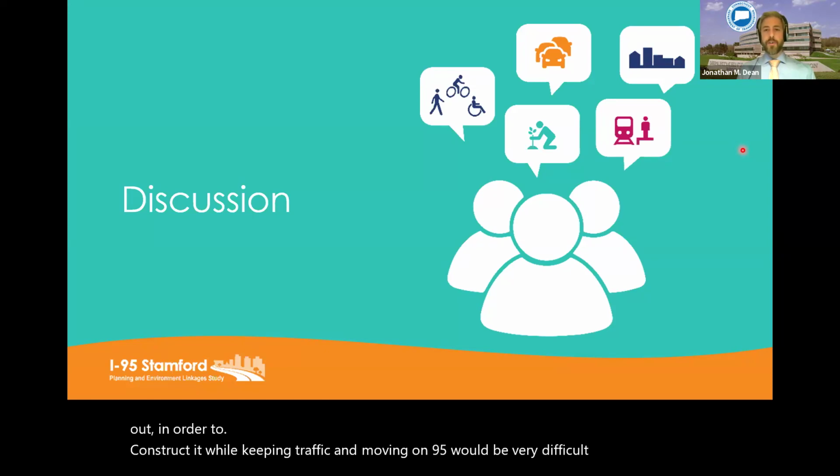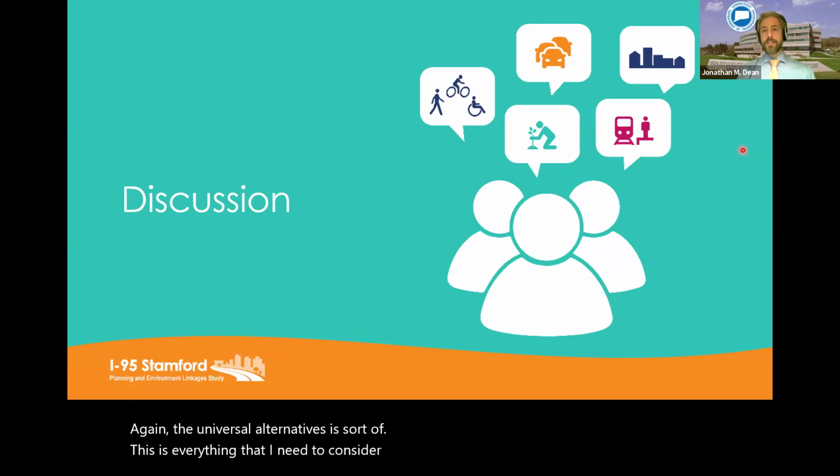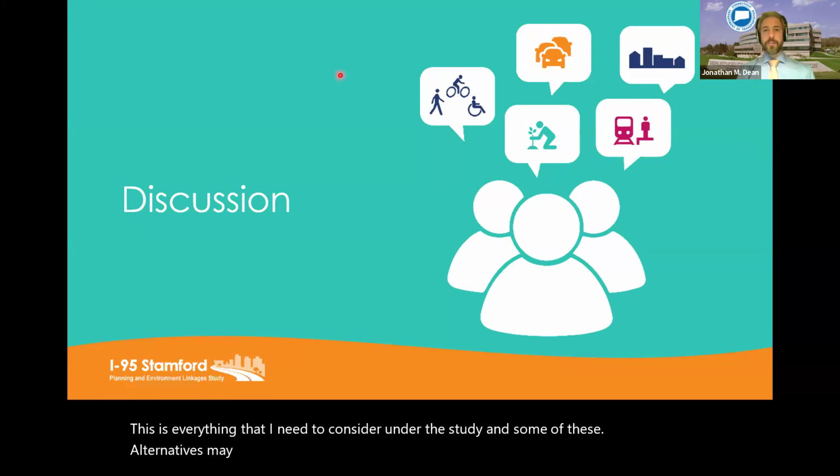Again, that universe of alternatives is everything that could be considered under the study, and some of these alternatives may require more analysis than others to determine whether they're feasible or not. Whether the tunnel merits a lot of scrutiny, we're not sure yet, but we are considering everything at this point.